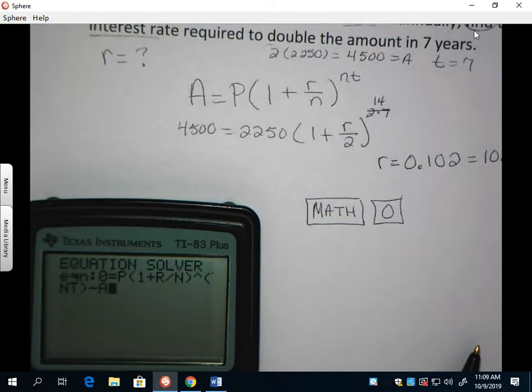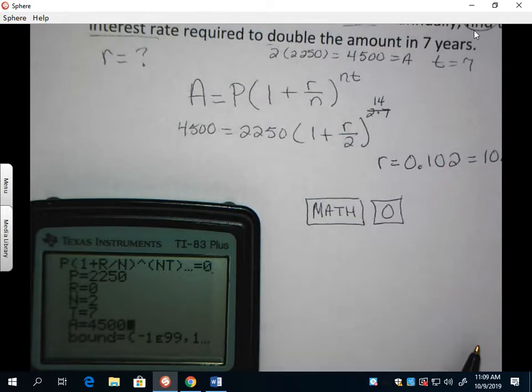Press enter, and so then there's a list for you to put all the values in. So we know that the principal is 2,250. The interest rate we don't know, so that's our unknown. N we know it's 2. T we know it's 7, and A is 4,500.